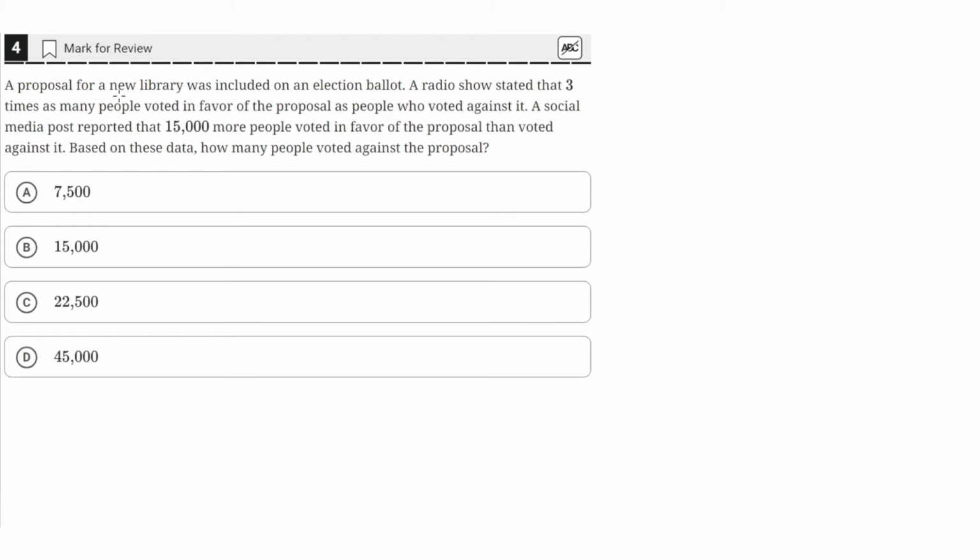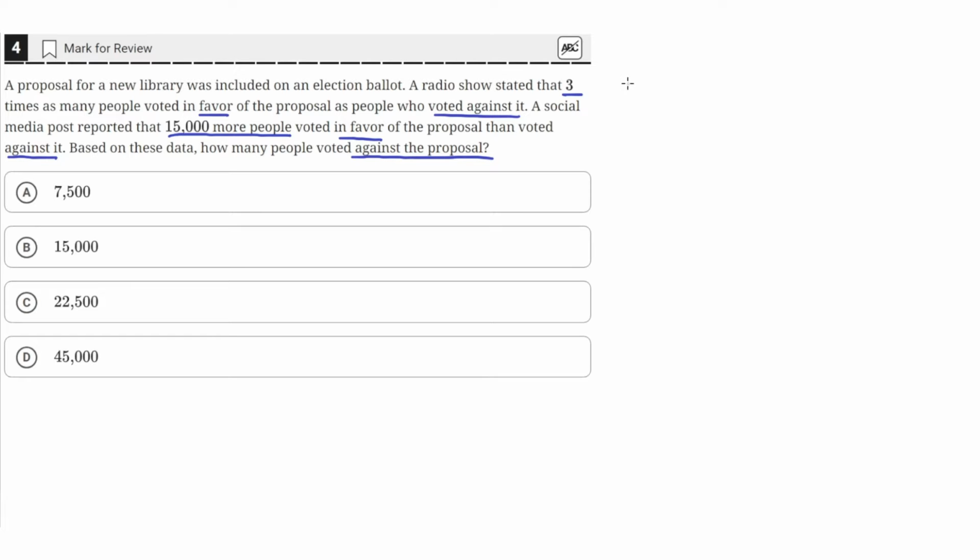A proposal for a new library was included on an election ballot. A radio show stated that 3 times as many people voted in favor of the proposal as people who voted against it. A social media post reported that 15,000 more people voted in favor of the proposal than voted against it. Based on these data, how many people voted against the proposal?